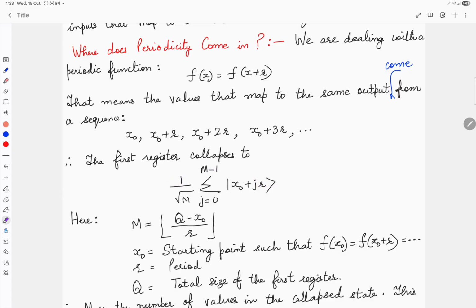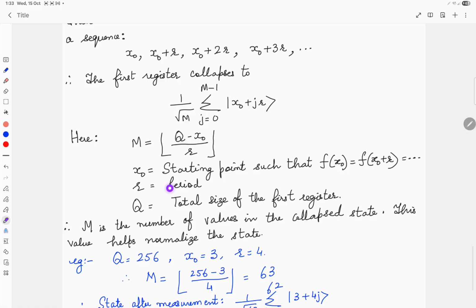So our first register will collapse to this state, where r is the period, q is the total size of the first register, and m is the number of values in the collapsed state. This value of capital M will help the overall normalization of the state.